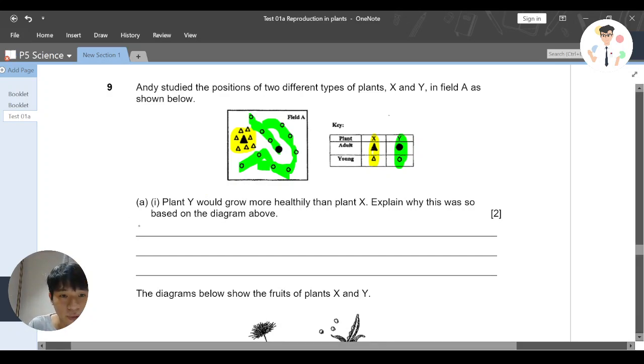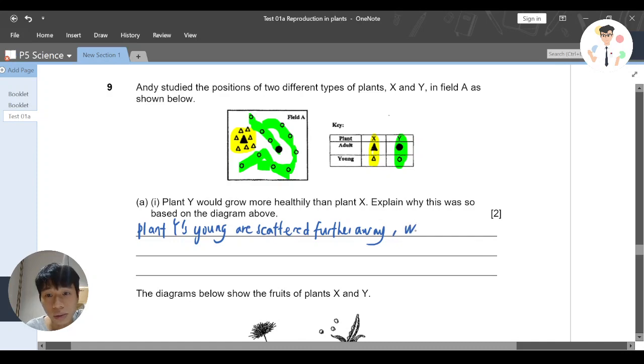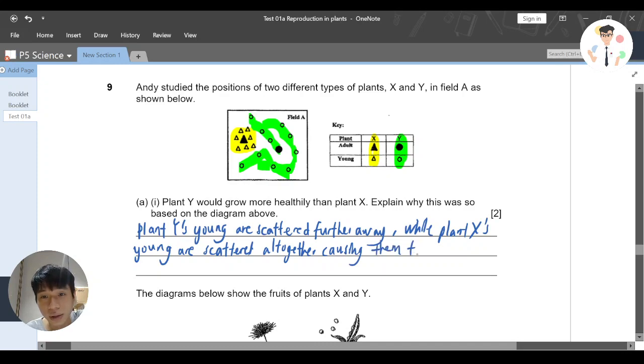We can explain this as: the young plants Y are scattered further away, while the young plants X are scattered all together. What does this cause? This causes them to compete.